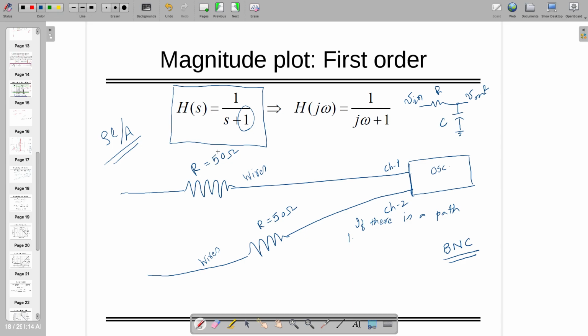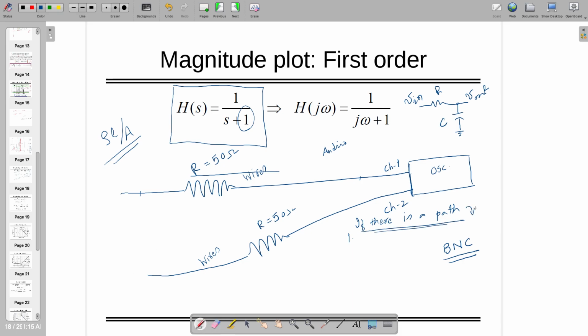Whichever company we buy from, it has to be 50 ohm for audio, right? So it might be that this wire will not be like this, it might be covered with something. Assume that it's covered, like the green, red, yellow wires you must have seen in our electronics laboratory, right? But here the problem starts.